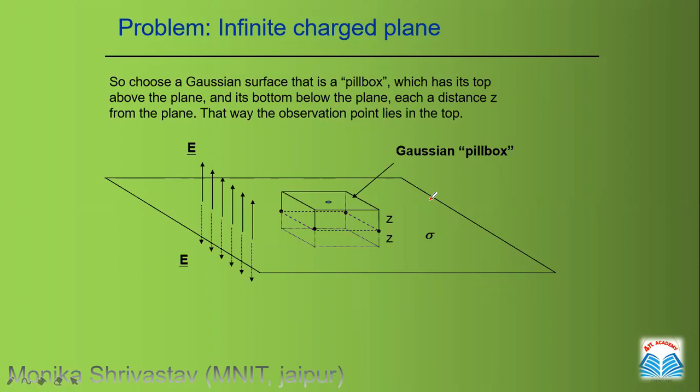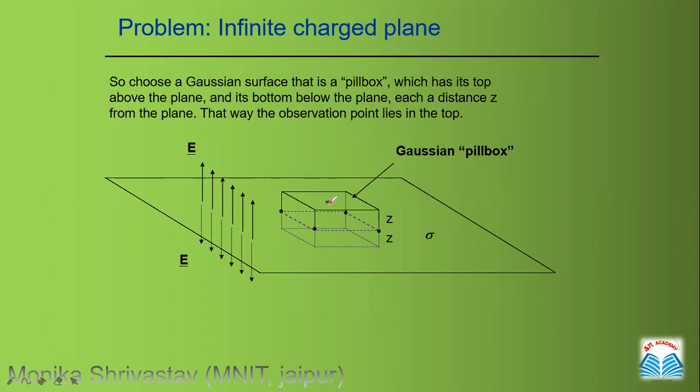A pillbox is a conventional shape which we make for solving problems with a plane, and the pillbox goes through the surface, like this: half of the pillbox is above the surface and half is below. So this pillbox is just piercing this surface, and our point lies within this pillbox.